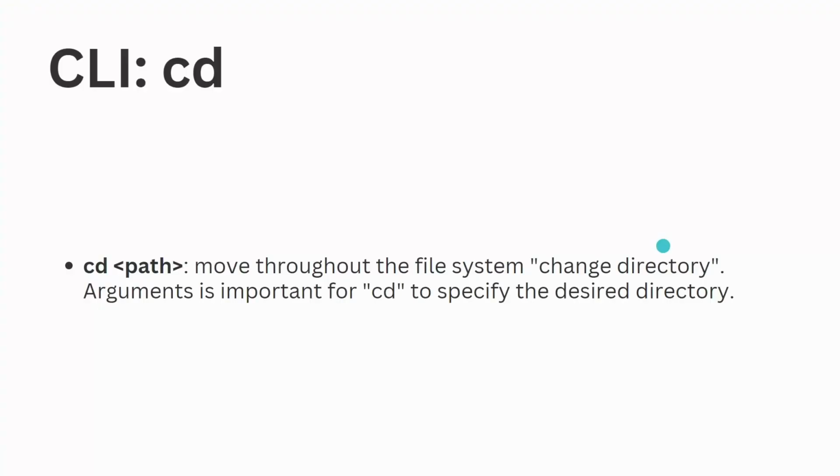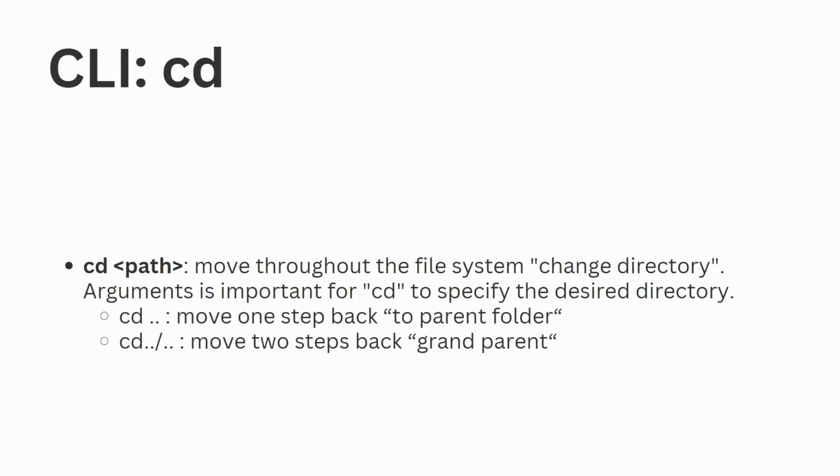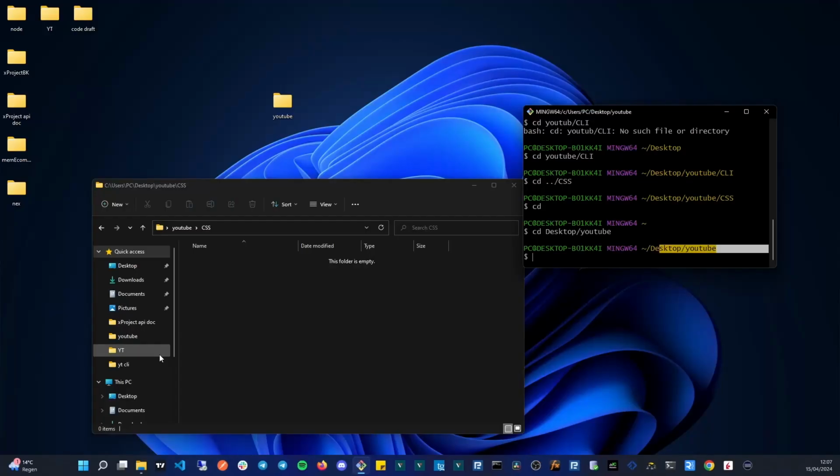That was everything about cd for now. We checked the two dots, which refer to the parent directory. Also, if you want to move 2 steps back, let's try it out here. Now I am in YouTube. Let me move 1 step down to, let's say, CLI again.